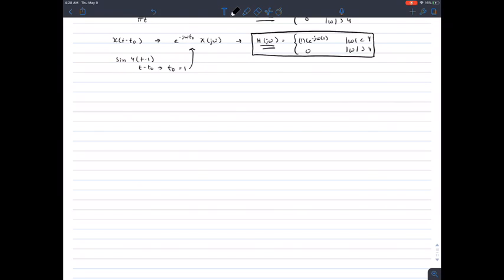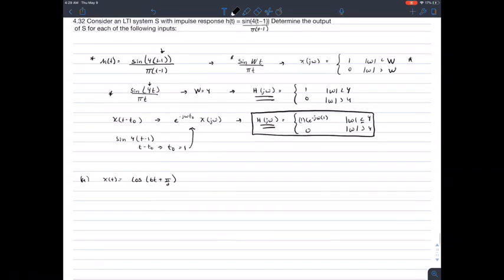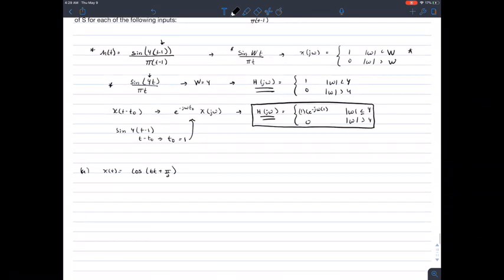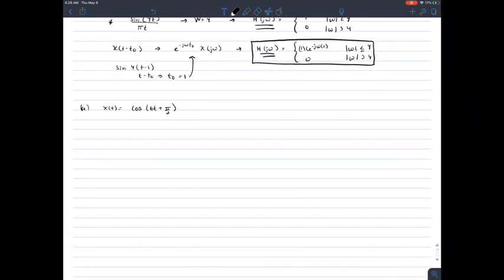So let's look at our first value at A. X of t is going to be equal to cosine of 6t plus pi over 2. Okay, so you need to take the Fourier transform of x of t, okay? Because when you're solving a linear time invariant system impulse response, it is the same as just multiplying the two signals here.